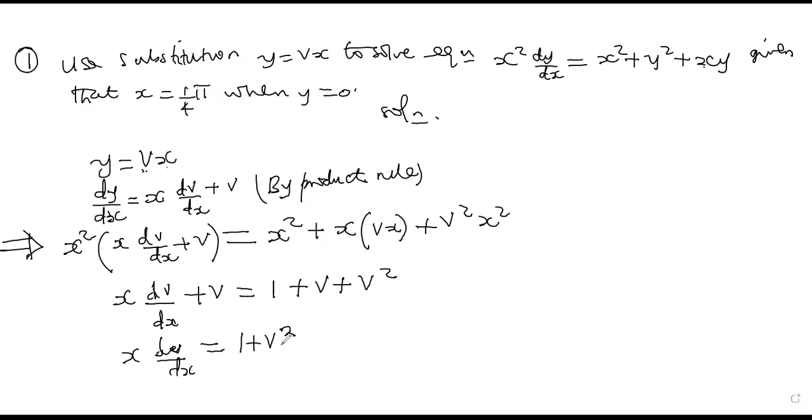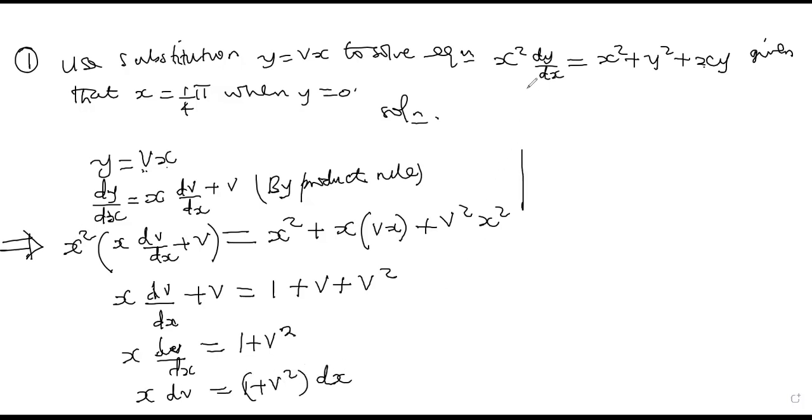And now this one has become separable. So we are going to separate the variables here. When you separate the variables, multiply by dx both sides. So we shall have x dv is equal to 1 plus v squared dx. I've multiplied dx both sides.